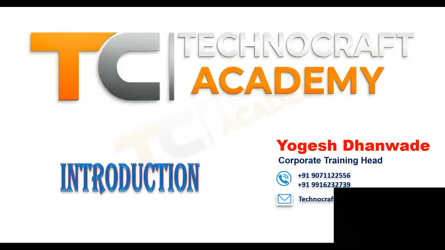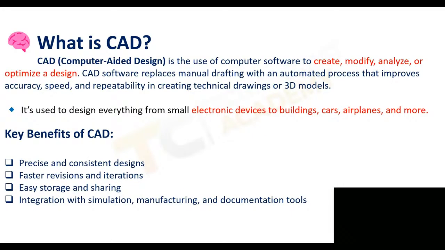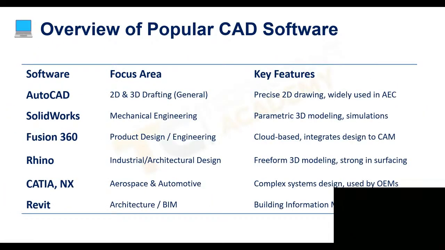So let's directly get into the recap of the previous session. We just went through what exactly CAD is, what the key benefits are, and where exactly we use them. We also went through the popular tools available in the CAD market.